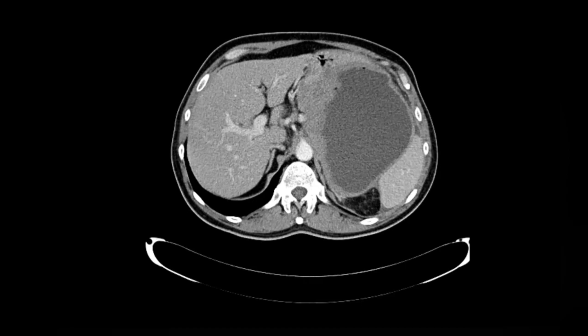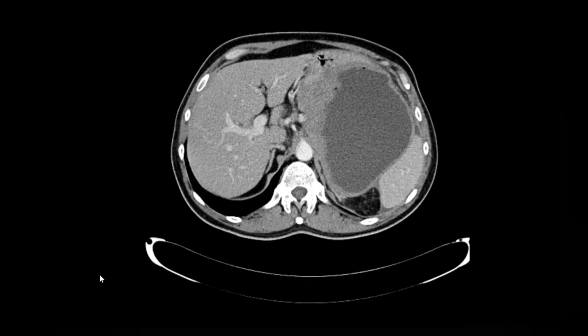This is a mass arising from the lateral wall, from the greater curvature of the stomach, with fluid within it. So this is the mass. Yeah, this is the mass. This is an exophytic mass arising from the greater curvature of the stomach and displacing the spleen posterolaterally, and the wall of the stomach at the greater curvature is slightly thickened with such an exophytic mass.